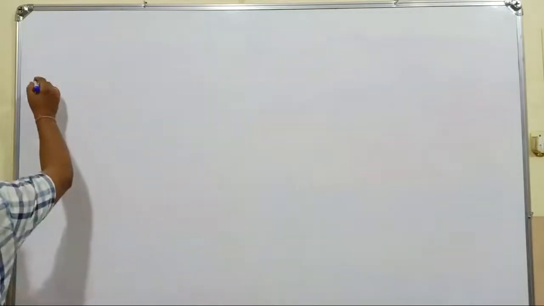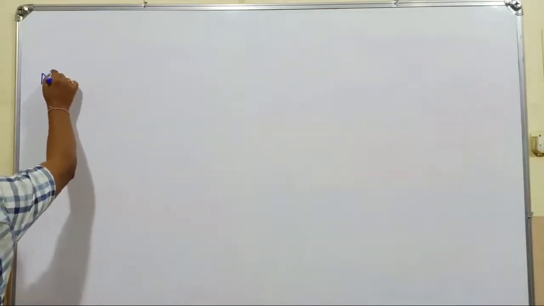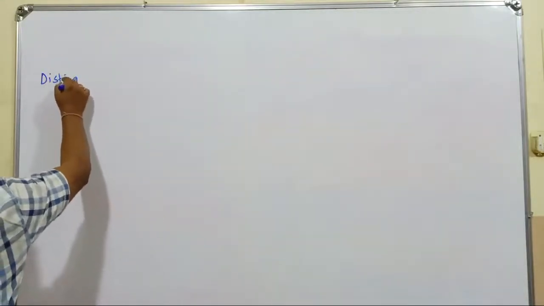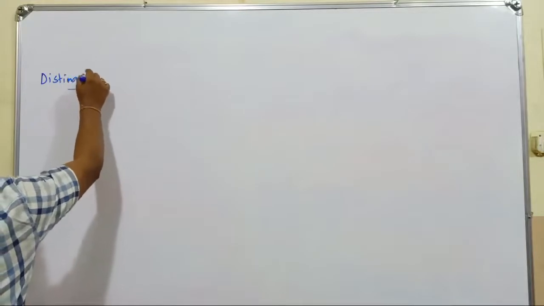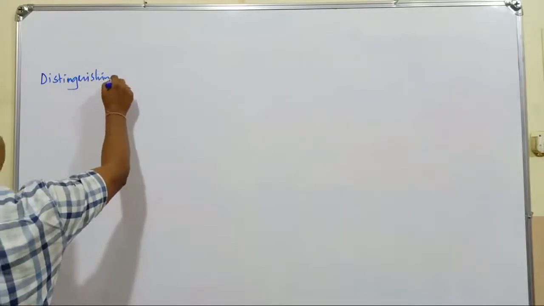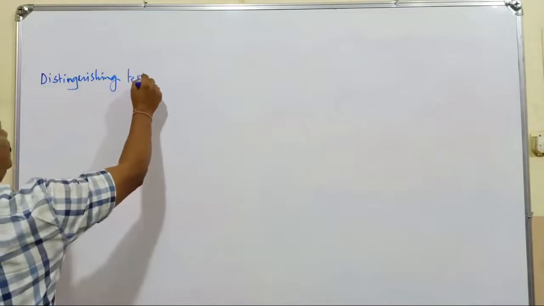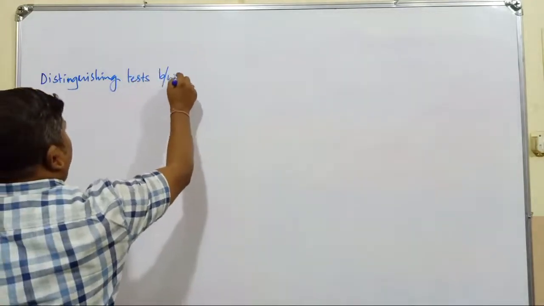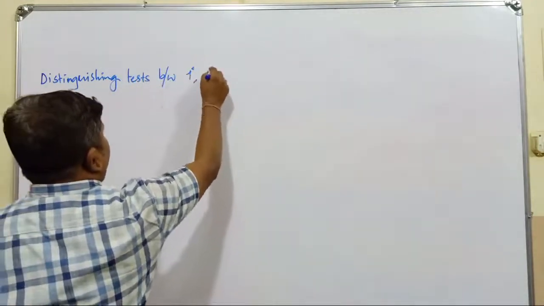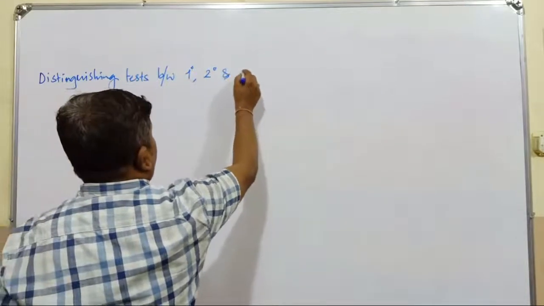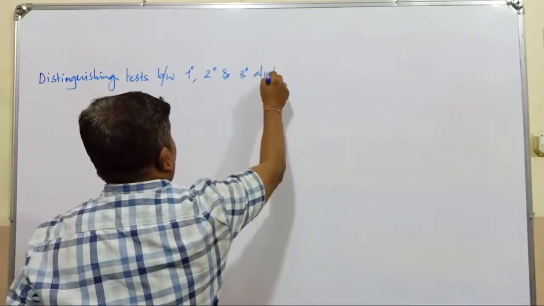After all these chemical properties, the next important point is the distinguishing test between primary, secondary and tertiary alcohols.